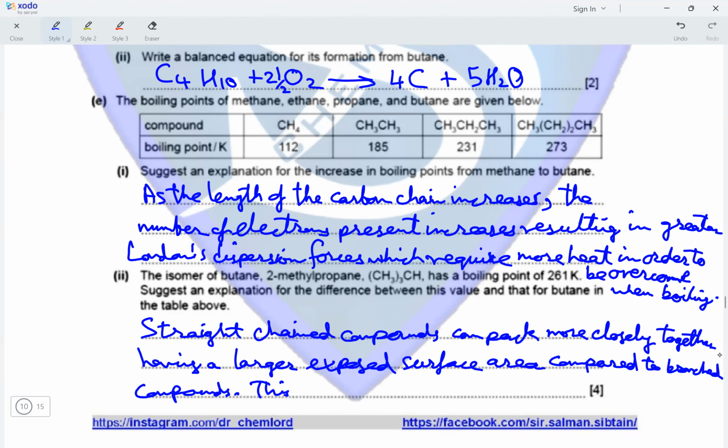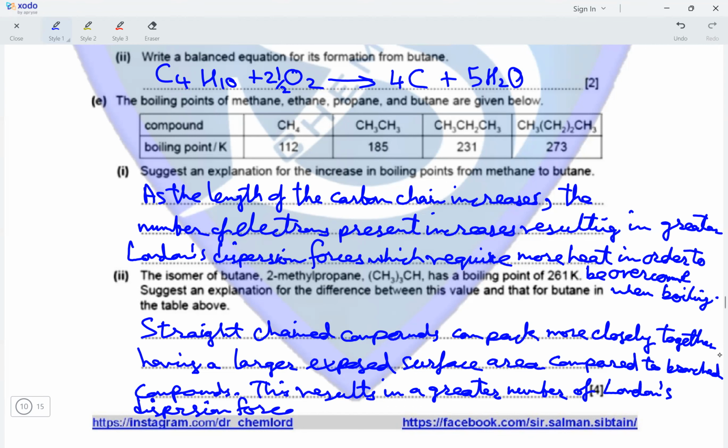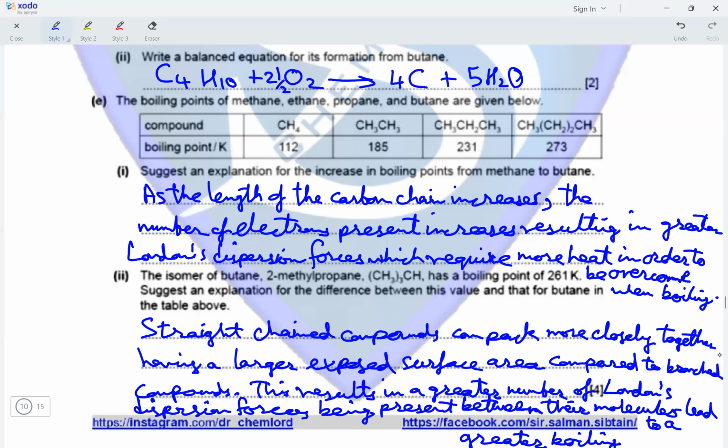This results in a greater number of London's dispersion forces being present between their molecules, leading to a greater boiling point.